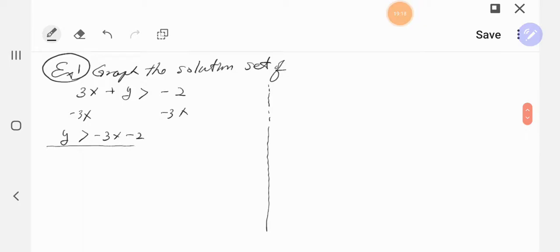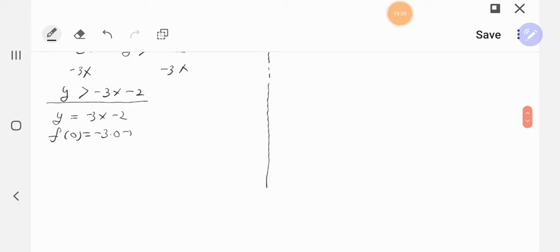So we have an inequality like this in slope-intercept form. So using this, let's graph it. First, make an equation. And using this equation, let's graph it. So when x equals 0, what happens? Negative 3 times 0 minus 2. So that is 0 minus 2, which is negative 2, right? So when x equals 0, y is negative 2.